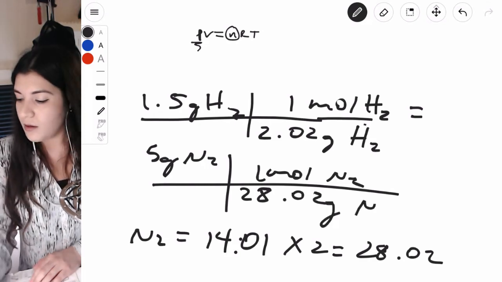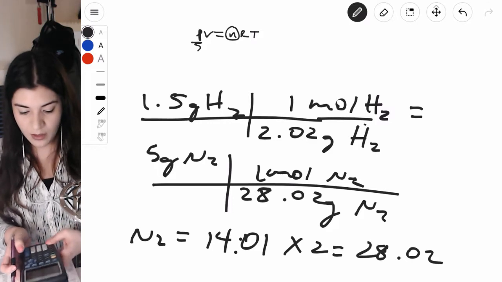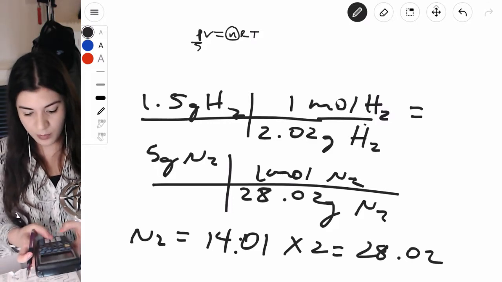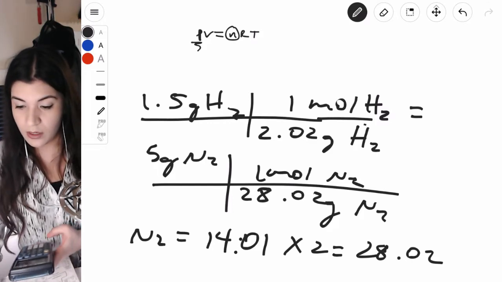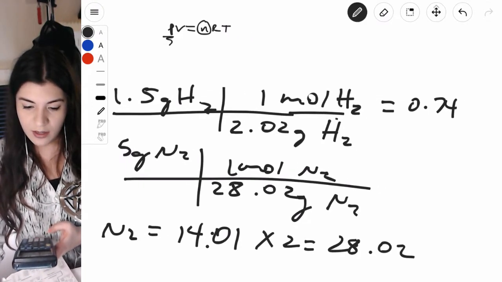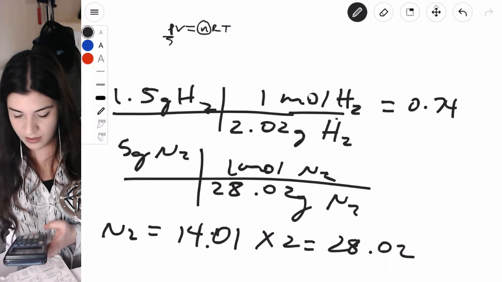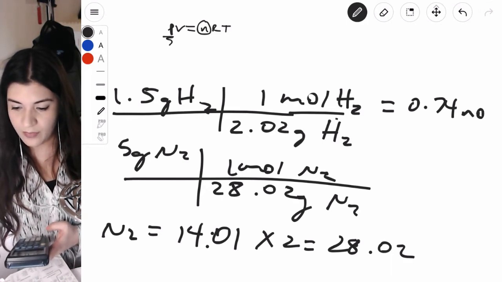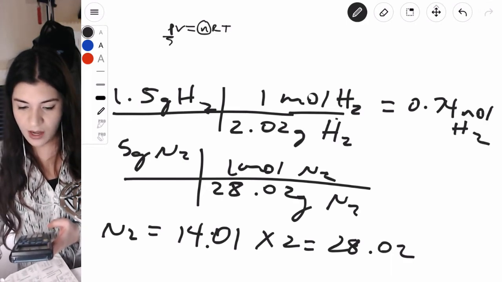So let's see what we get with that. 1.5 divided by 2.02 is 0.74, and I'll leave it as that. That's fine. So moles of H2.